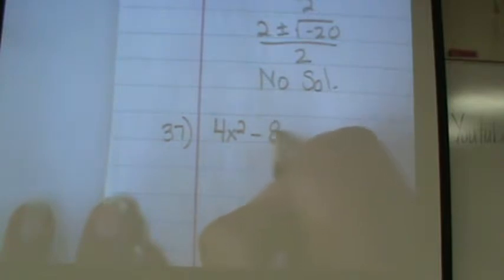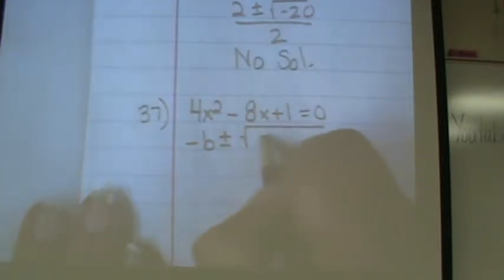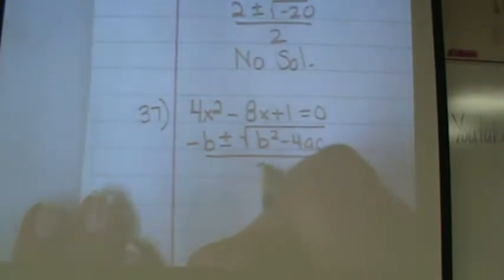37 is 4x squared minus 8x plus 1 equals 0. And again, you have negative b plus or minus the square root of b squared minus 4ac all over 2a.